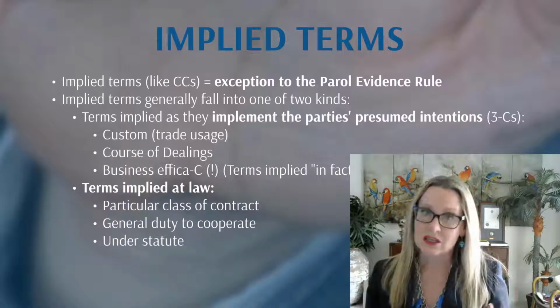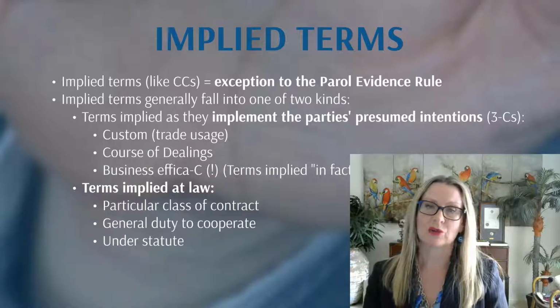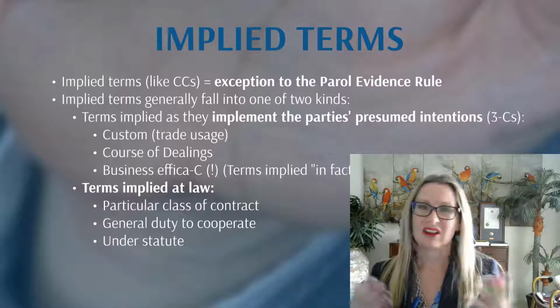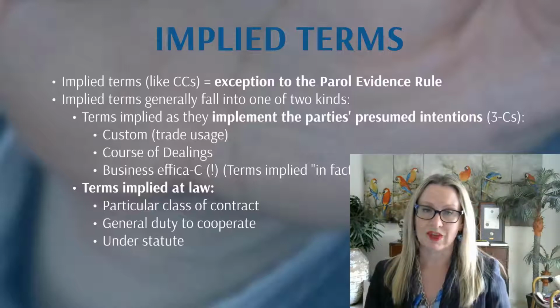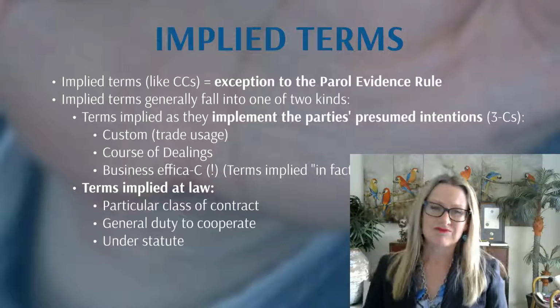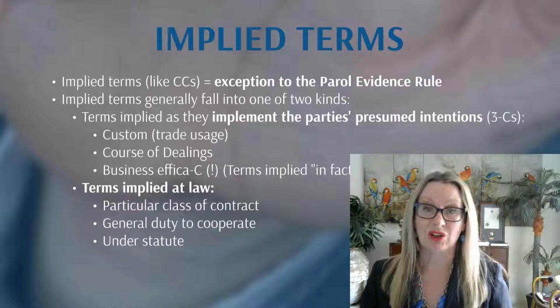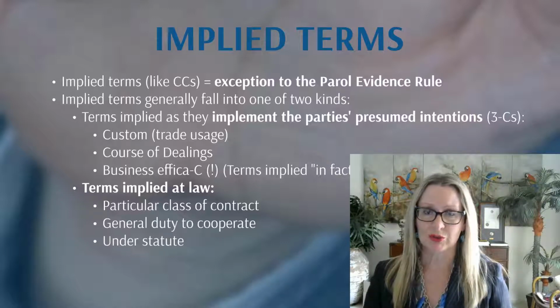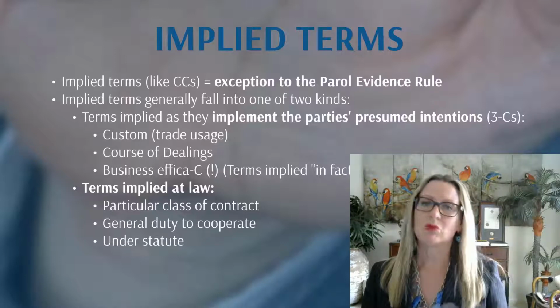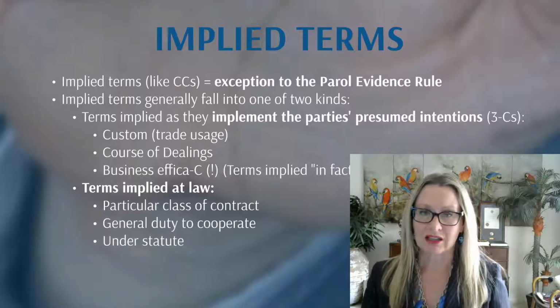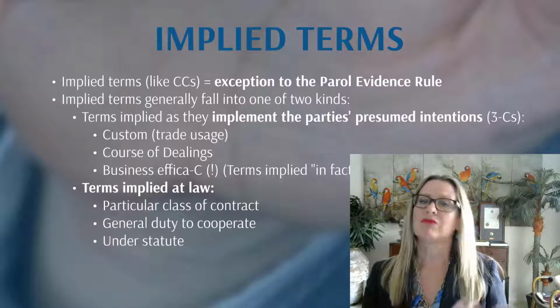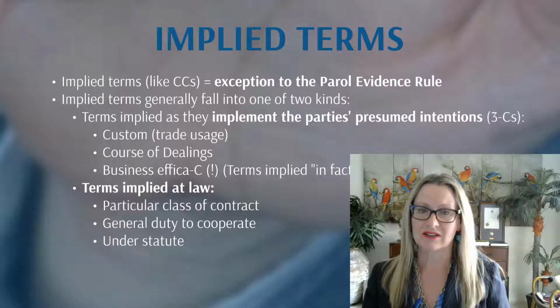Where we looked at the incorporation of terms, we had a look at incorporation by things like tickets and signs and all of that kind of thing. But for the bulk of those cases, the parole evidence rule just won't even apply, because as we saw when we looked at the parole evidence rule, it won't apply to partly written, partly oral contracts, and most of those kinds of incorporation cases are of that ilk.